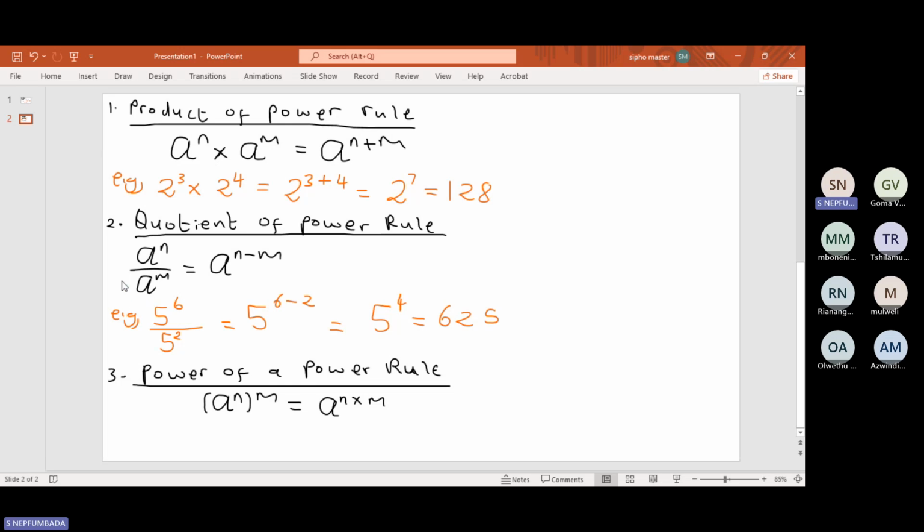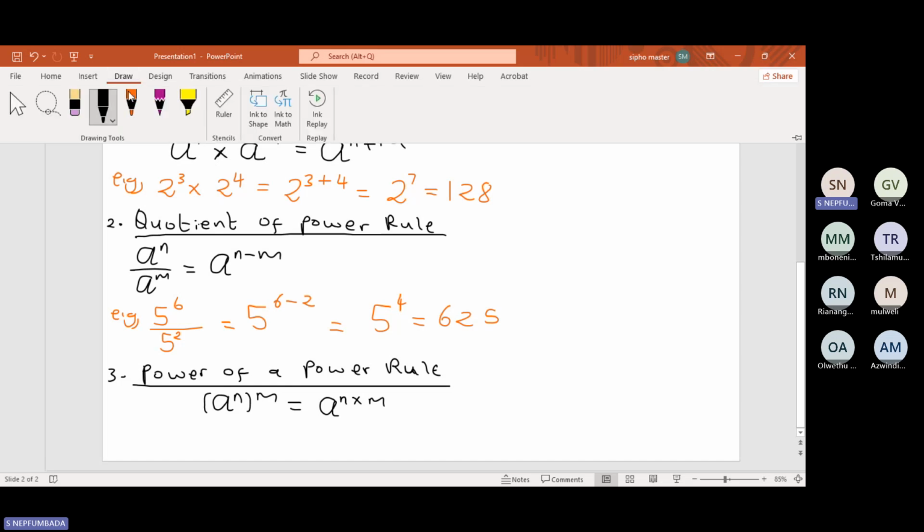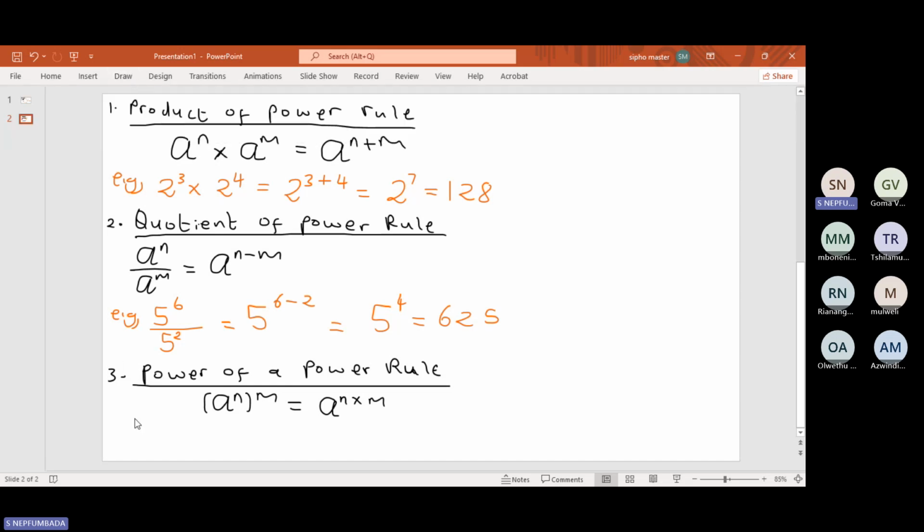So if we have a base raised to the power n, and again raised to the power of another exponent, that exponent only multiplies the exponent that is inside the brackets.